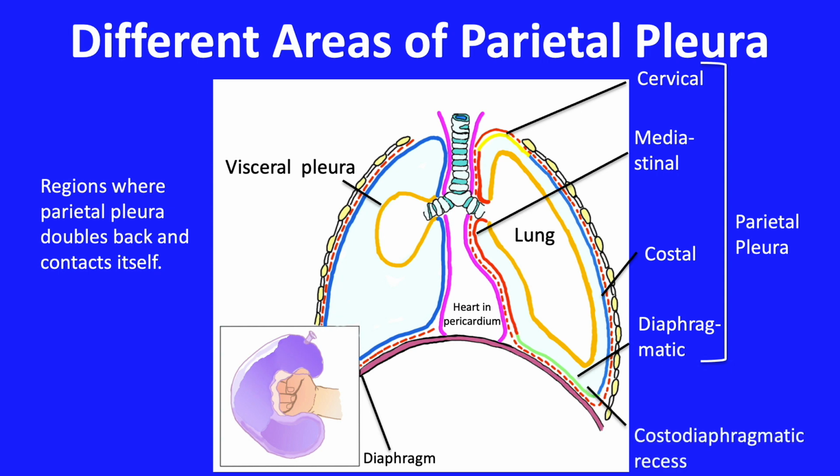Here, I point out the location of the costodiaphragmatic recess. There is a costodiaphragmatic recess associated with each lung, and where the diaphragmatic pleura reflects towards the mediastinum, the costomediastinal recess will form.